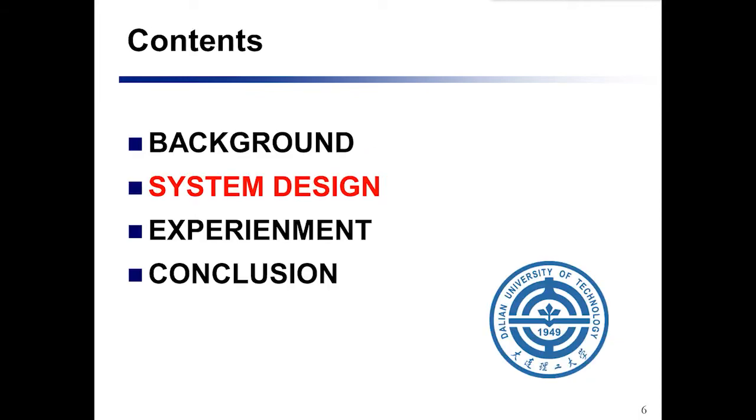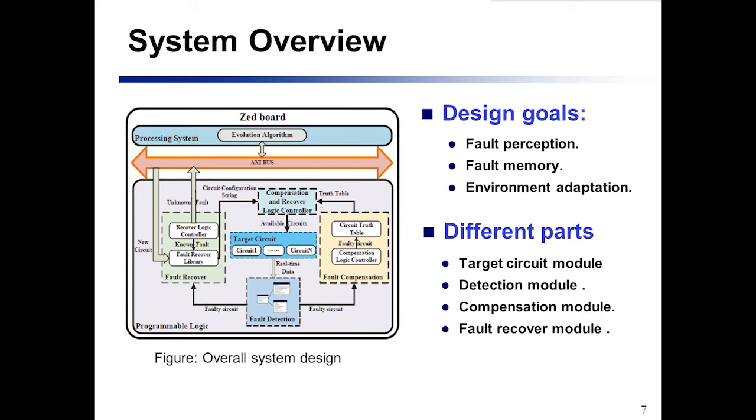Okay, during the next 7 minutes, I will present our system design. The system structure is shown in the picture. Our design goal is to give the FPGA fault perception, fault memory, and environment adaptation to improve the reliability of the FPGA.